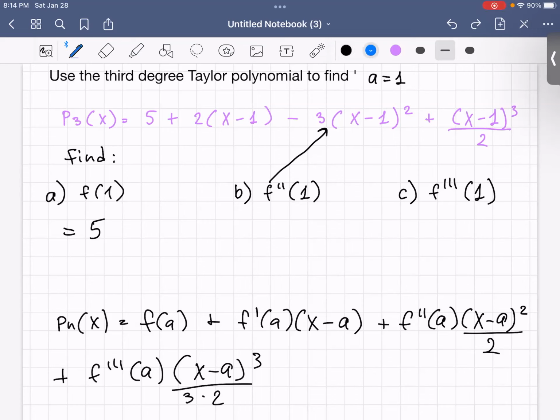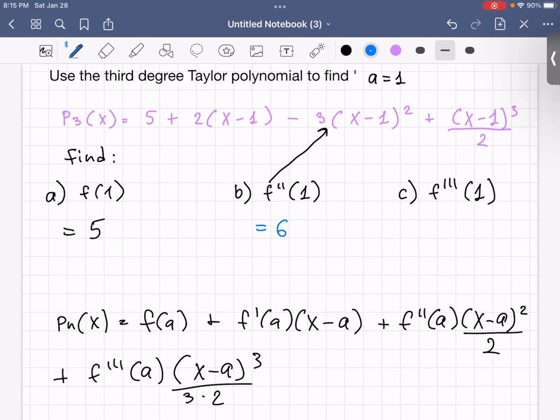There had to be some number, let's call it c, that multiplied by f second derivative of 1, which is what we're trying to find, and divided by 2, gave 3, right? So what is this number? Obviously we know that this number is 6. So 6 divided by 2 would give us 3 in this situation. So the second derivative of 1 equals 6.